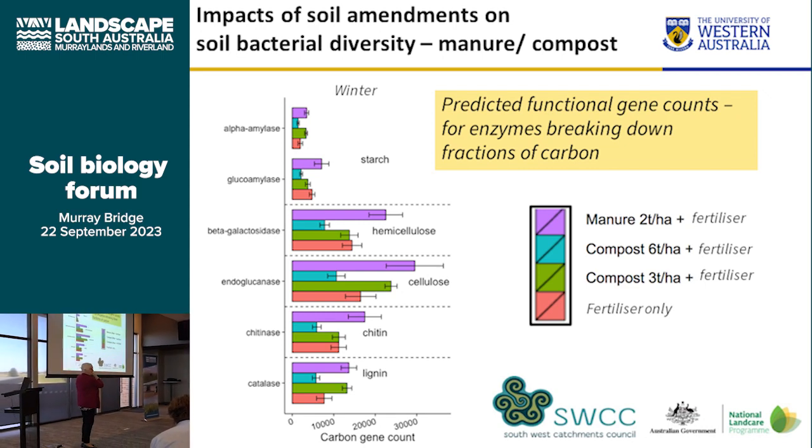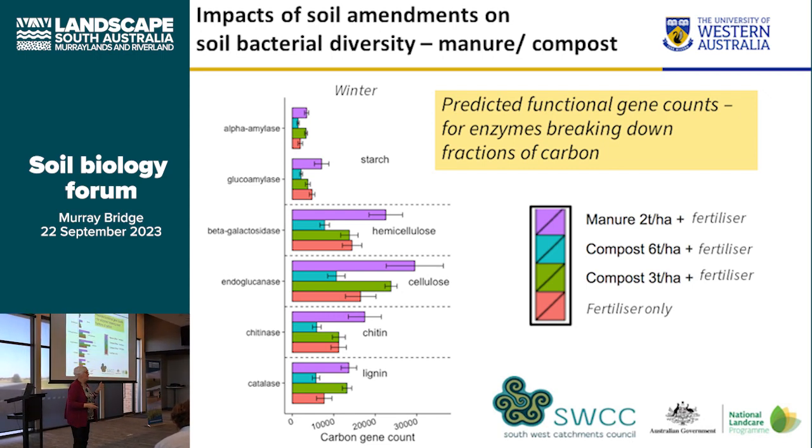I'm not going to go into the details of the effects of that, but what I am going to say is that we did this at different times of the year. We did it in winter, which is this set of data, and we did it in summer, and the data are not the same. So while we can do this detailed explanation of something, it depends when you take the sample.